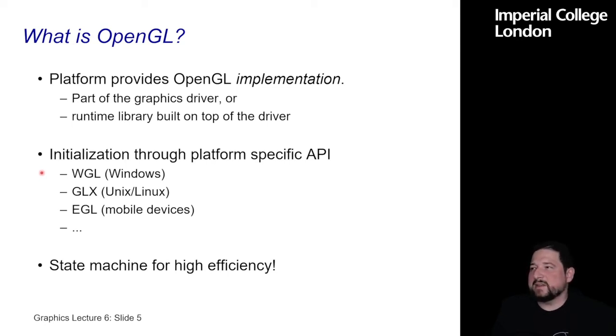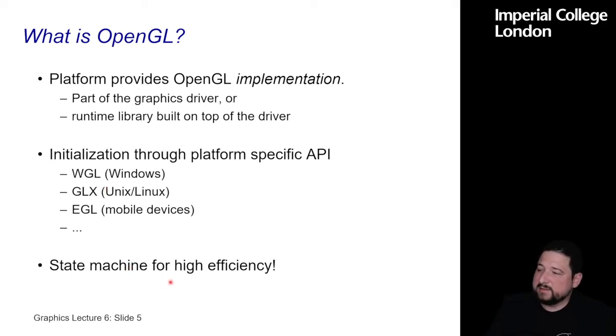But there are some variations. In Windows, most of the extended functionality is implemented in something called WGL. Unix is GLX. Mobile devices is EGL. And somehow the problems start already here, because if you find some code for mobile devices, it will not necessarily run on just purely Windows. You need to fall back to the most common platform independent implementation of the specification of OpenGL.